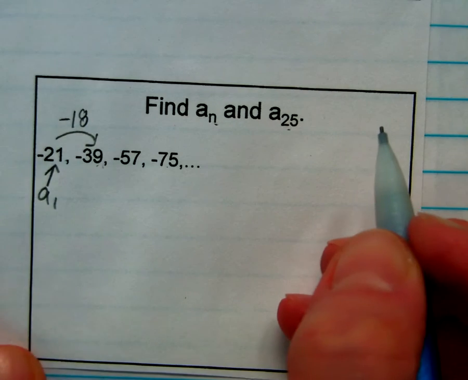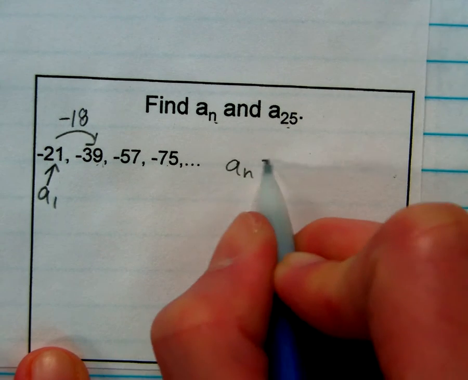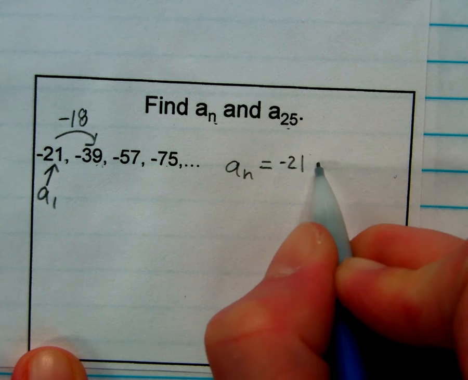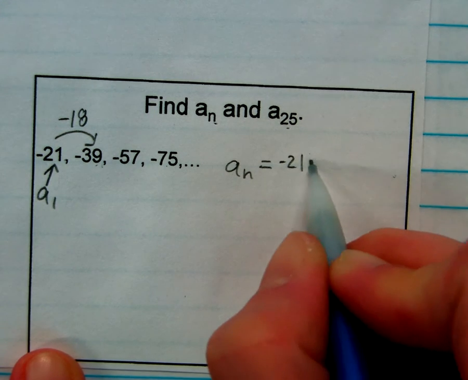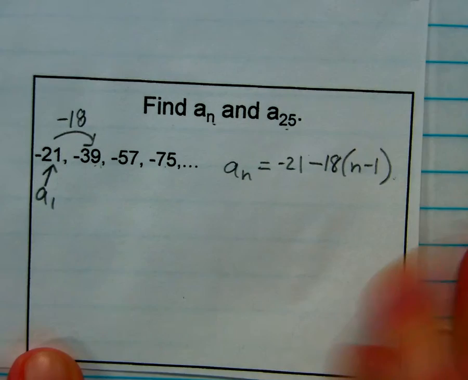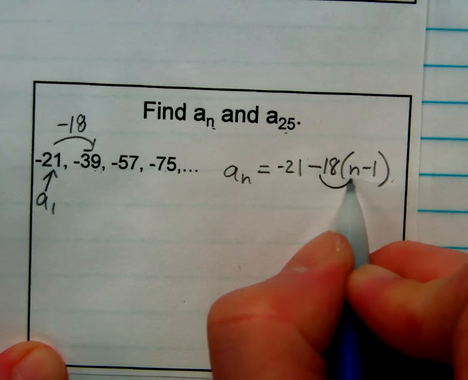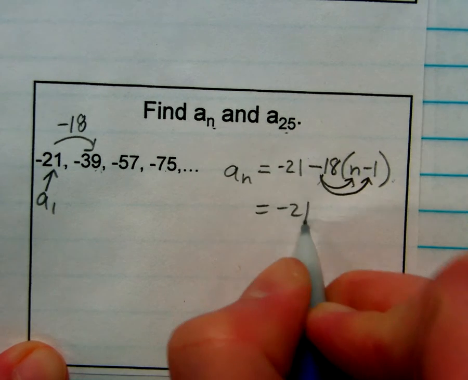So just be careful. When we set up our formula, we'll have AN equals the first term, negative 21. And then instead of writing plus negative 18, you can just write minus 18 times n minus 1 if you like. Or you can do plus negative 18. Either way works. If we distribute that out, we distribute it like it's negative 18.